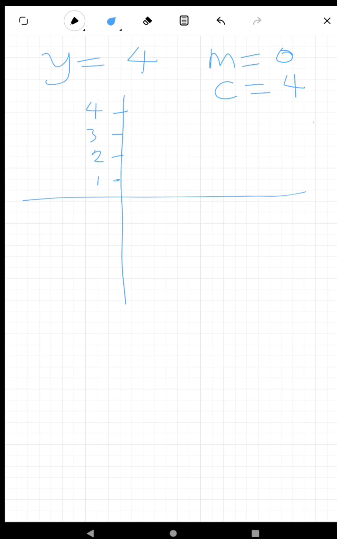What is c? c is the y-axis intercept when x is 0. So this is where y is 4. So this is how this graph will look. It is going to be a straight line, parallel to the x-axis.